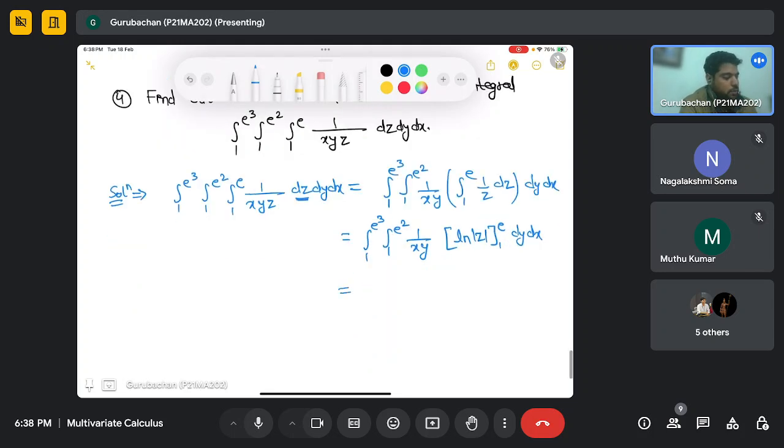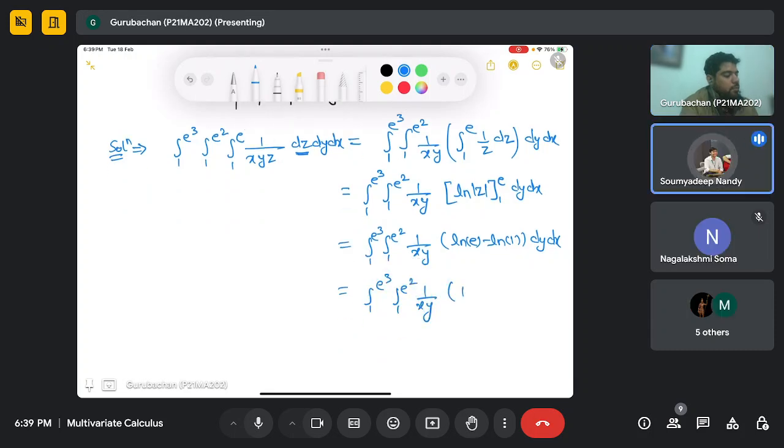So it will give us, from 1 to e cube, 1 to e square, 1 by xy times ln e minus ln 1, dy dx. What is the value of ln e? 1. And ln 1 is 0.